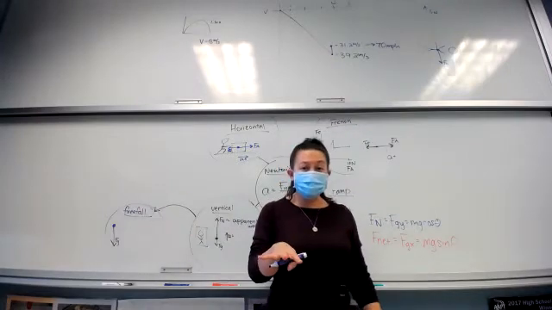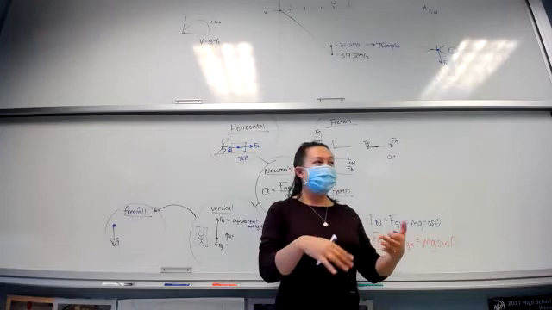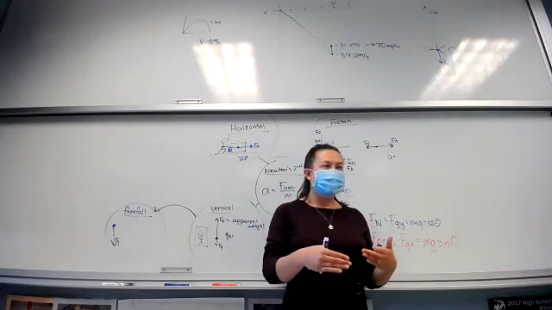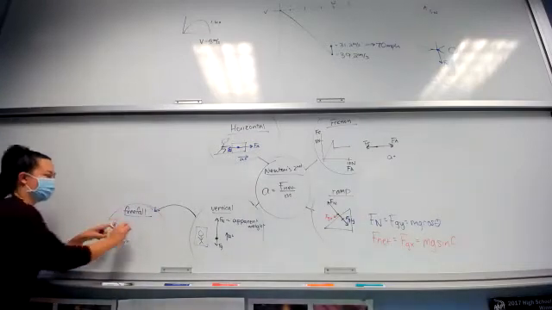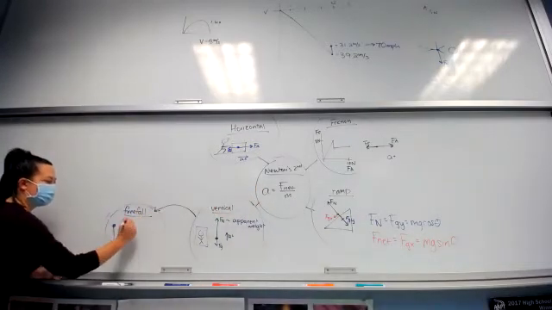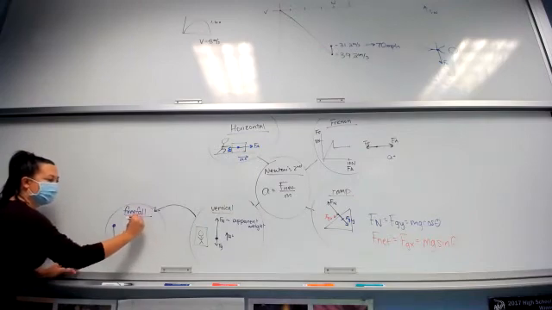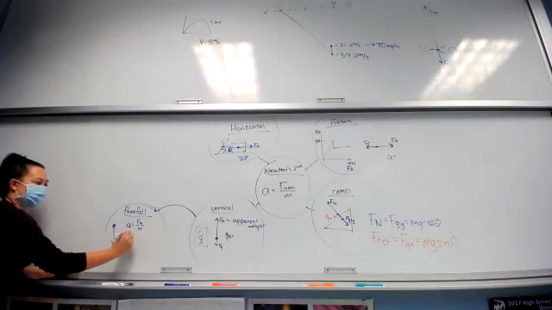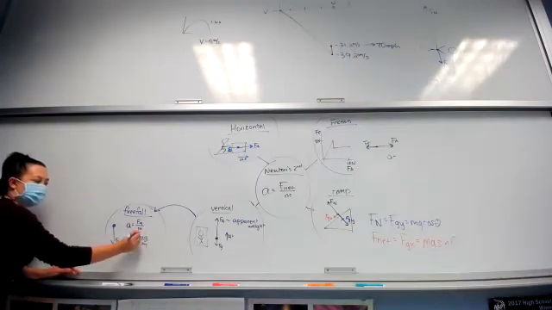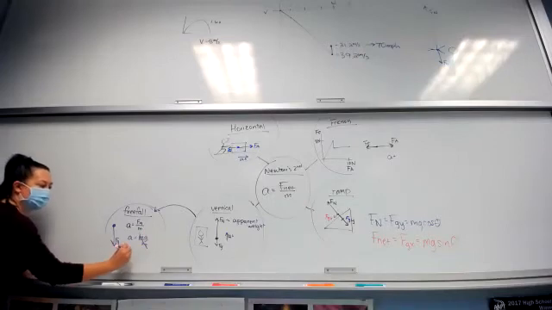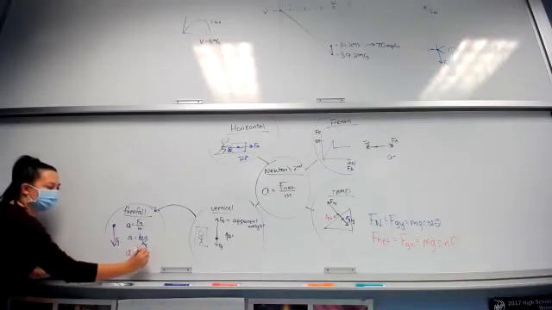And an important thing you should know about free fall is that the acceleration of 9.8 is the same for any object. And the reason is, let's say I take my Newton's second law equation. Gravity is the only force. And if gravity is the only force, then the masses cancel out. And that means all objects fall at the same rate.